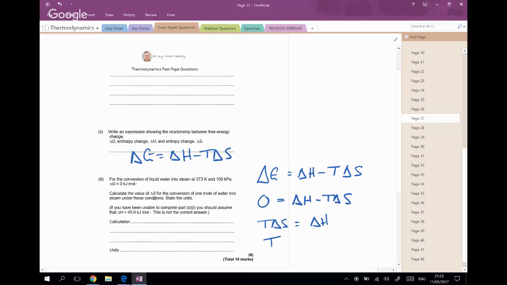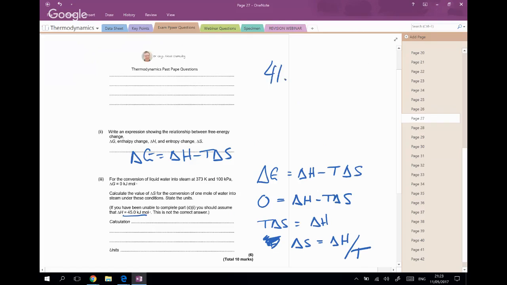Calculate the value of delta S. Okay, so delta S is delta H over T. So as we now put that through, now we use a value from the previous question, which was 41.1.